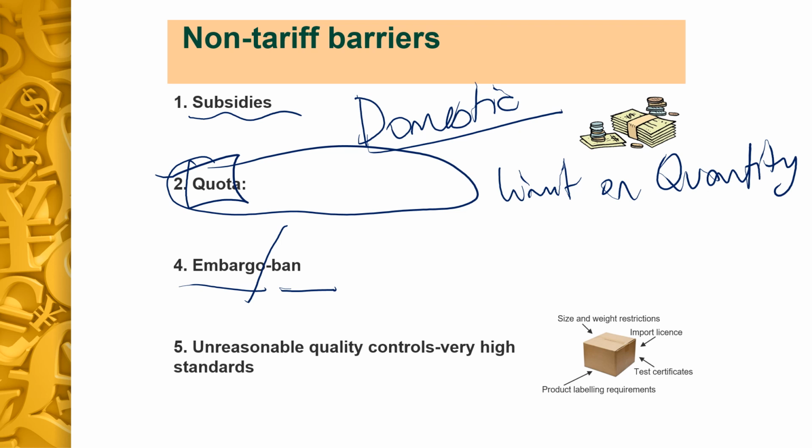So at that point, what are they doing? In general, when I am using tariffs or non-tariff barriers, it means I don't want to trade with other countries. I actually want to increase the demand on our domestic firms. And the fourth one, which is a non-tariff barrier, it's considered unreasonable quality controls. What do they do here?